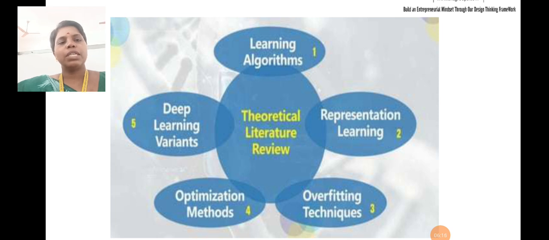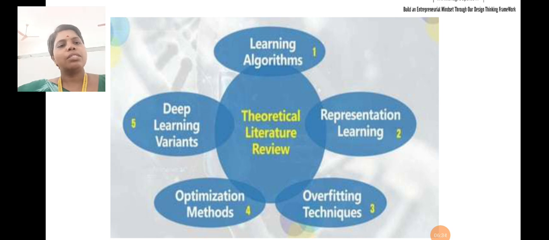We must be aware of all those things beforehand. We need a theoretical review so that in the programming part we are able to understand and implement very easily. Then, representation learning: what kind of representation and what sort of application we are going for, we need to consider.